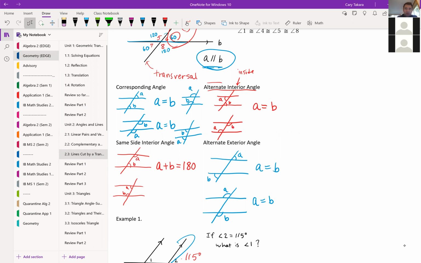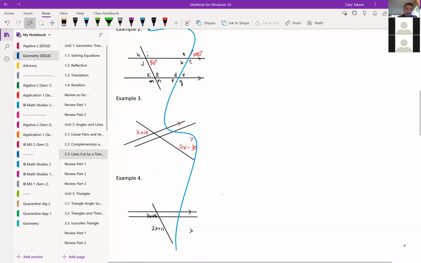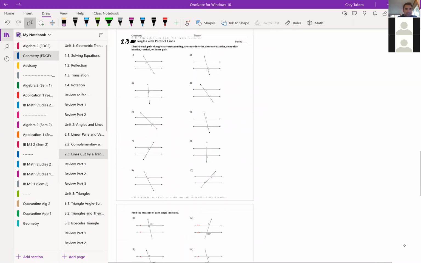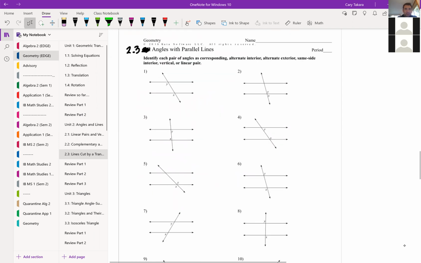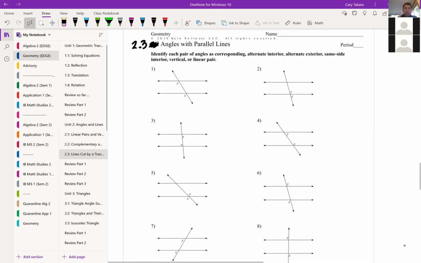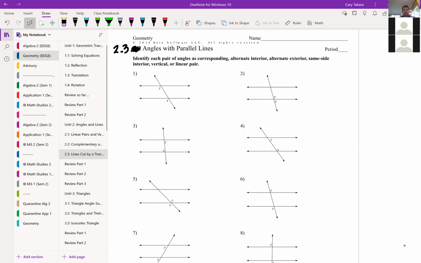Okay. All right. Well, we're just gonna skip the examples and dive right into the assignment. Now, the first half of the assignment is about recognizing the name. Let's practice that.